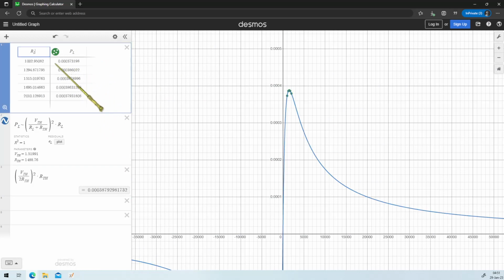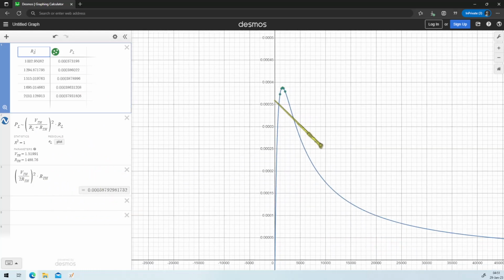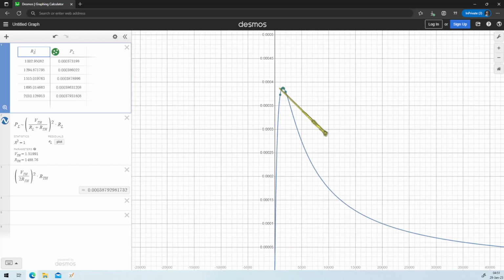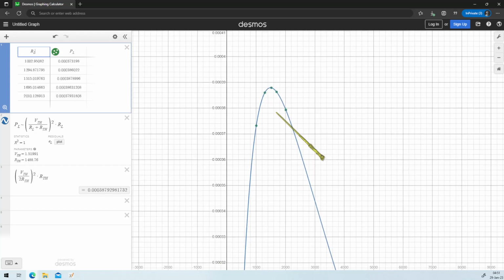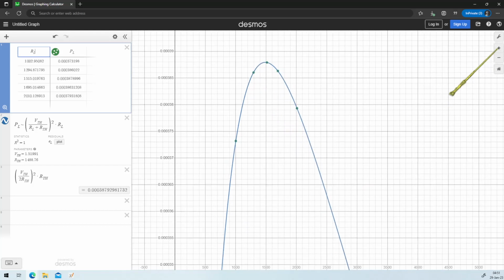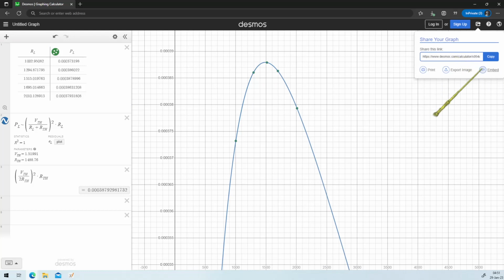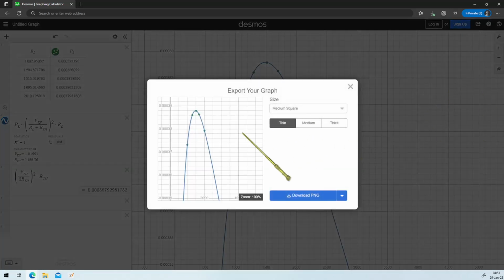Just paste the data, change the variables, do the optimizations, and we get all of our answers, including the graph. You may capture this graph or just the zoomed-in graph. Both are fine. Just share the graph, export the image, and then we have the curve.